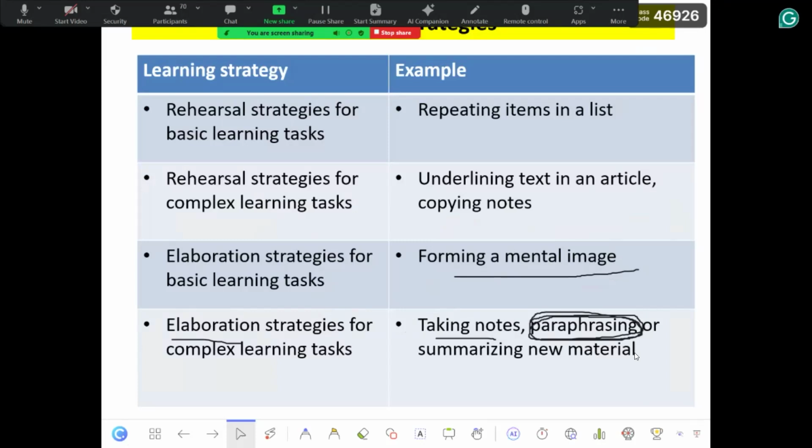So paraphrasing is simply reproducing the content in your own words.